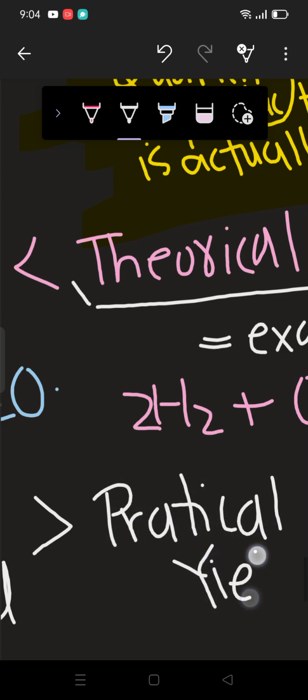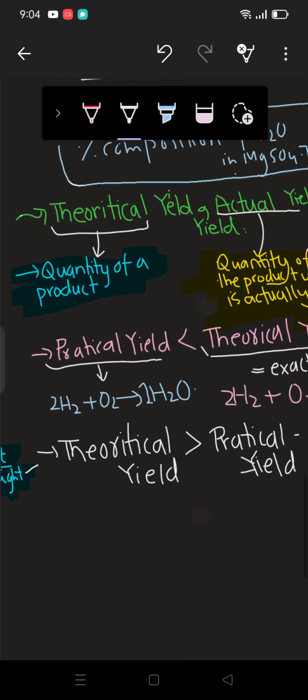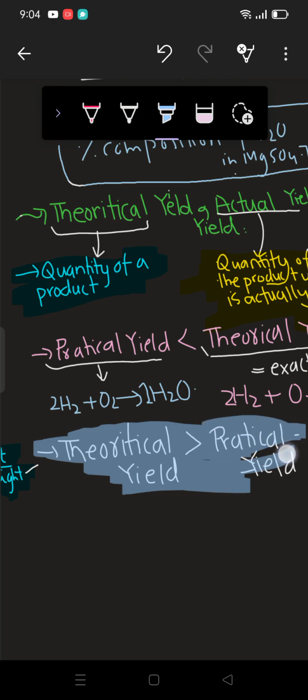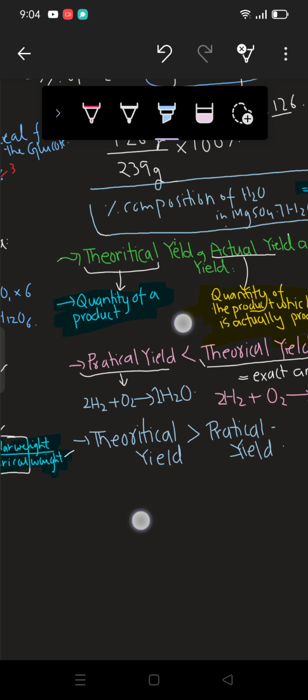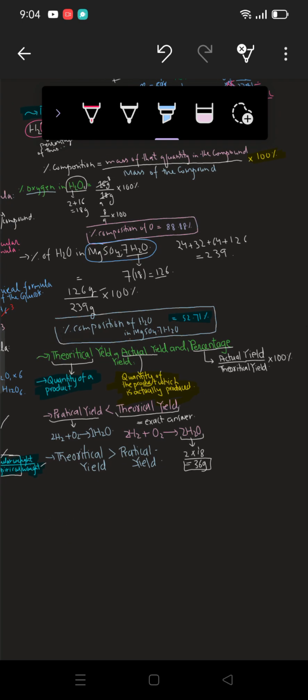Both give us the same meaning, which means practical yield is less and theoretical yield is more. So this was all for today. In the next video we are going to solve some questions from the Sindh board book.